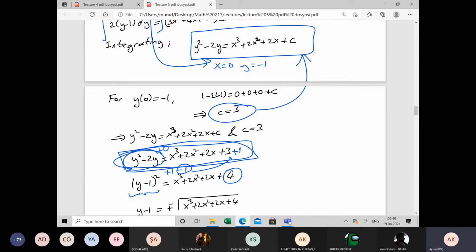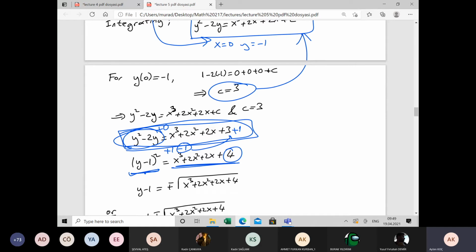So we obtain this one is equal to this one. It's okay. So our aim is to solve for y, and to get y take the square root of both sides. So we obtain y minus 1 equals plus or minus the square root of this one.